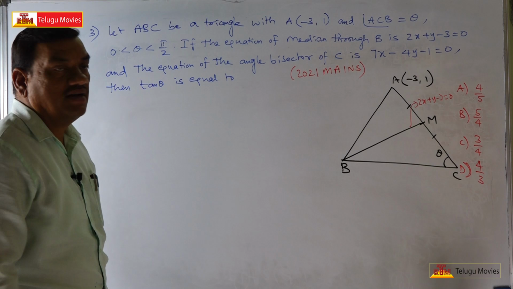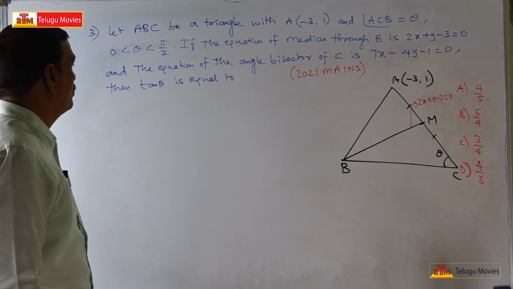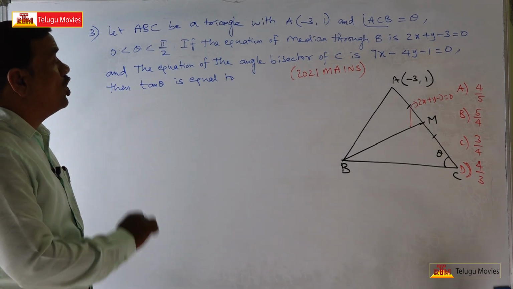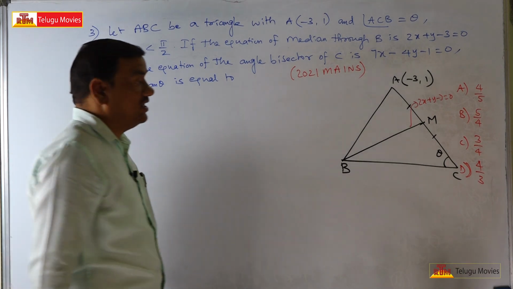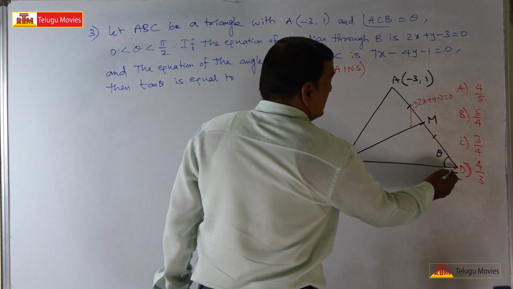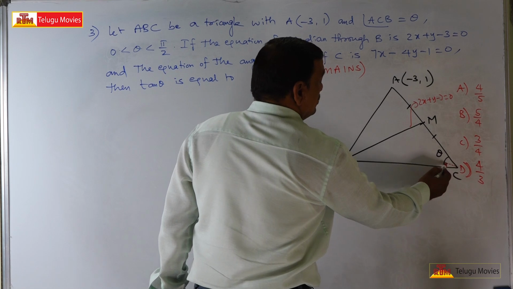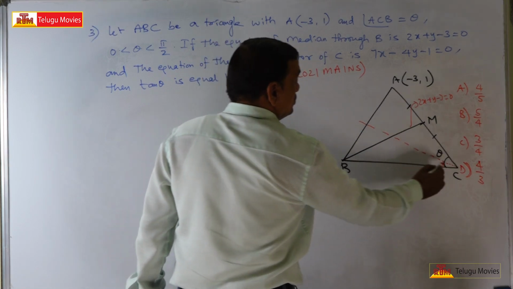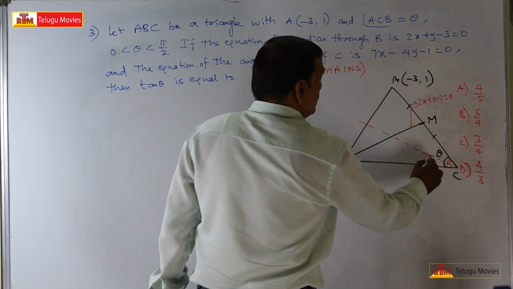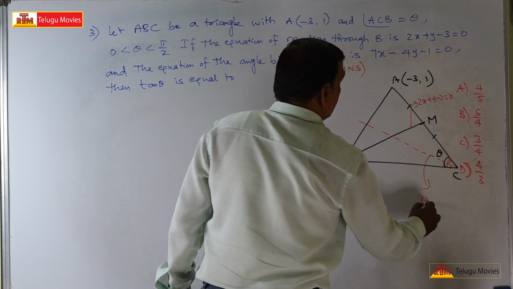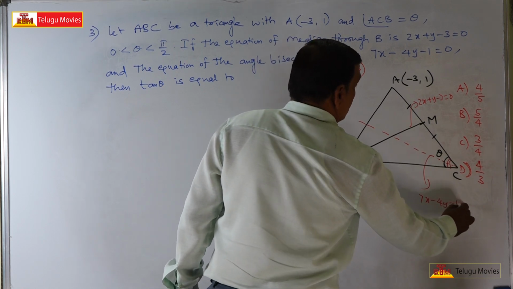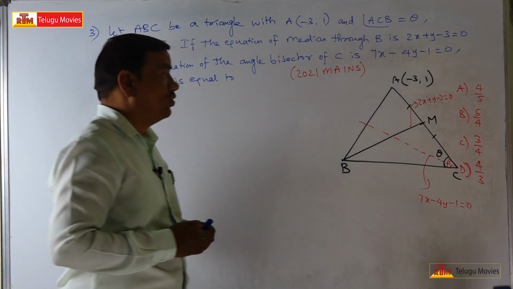Right. BM median, its equation is given. One more thing. And the equation of the angle bisector of C. What does the equation of the angle bisector mean? It is a line which divides the angle into two parts. So this is a half, this is half. Its equation is given. This is 7x minus 4y minus 1 is equal to 0.